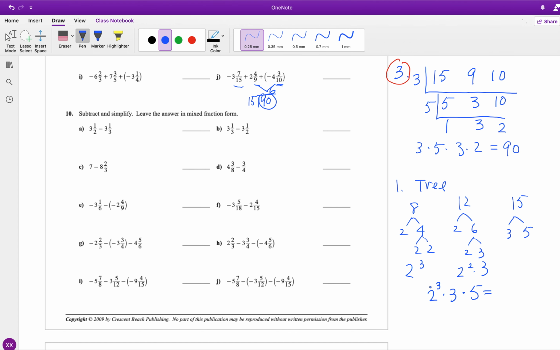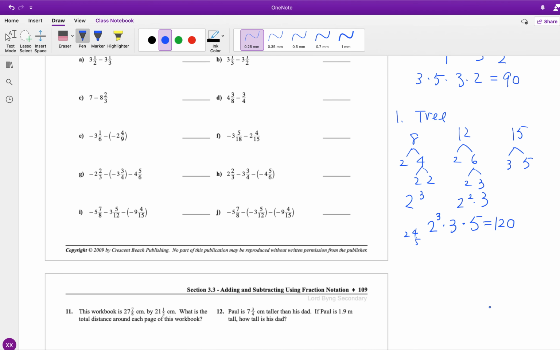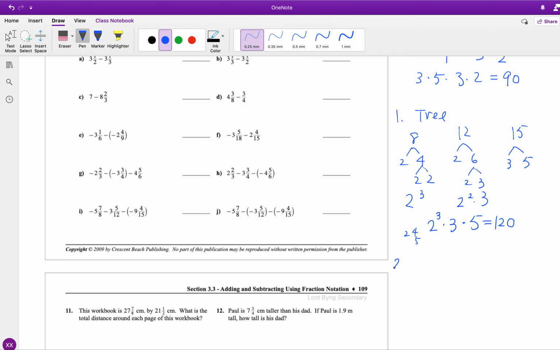So that is 8. 8 multiplied by 3 is 24. 24 multiplied by 5 is 120.